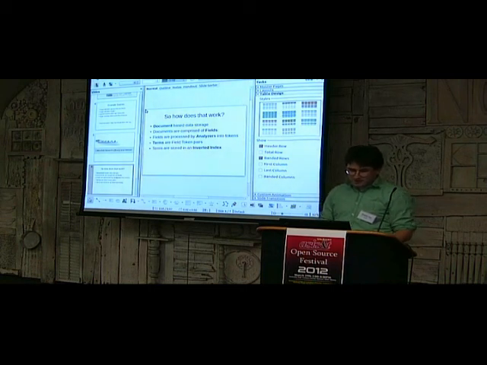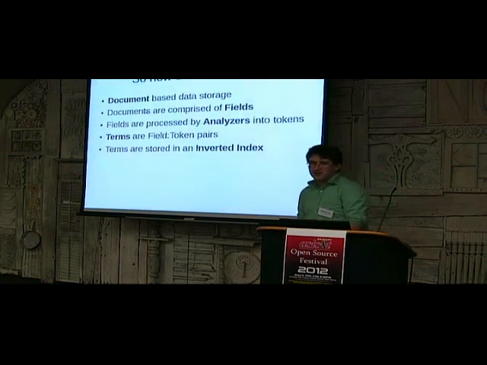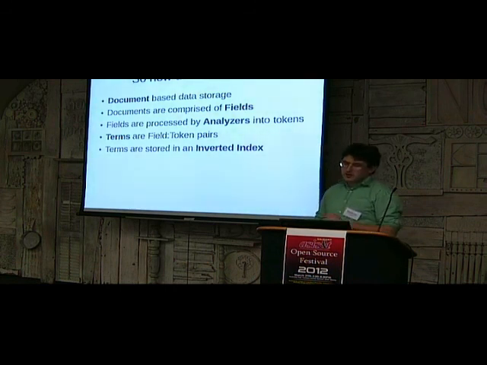So at a high level, that's how Lucene works. You supply documents. You supply fields that identify various facets of that document, things that you want to be able to search by. Then those values get analyzed into tokens, and those tokens get paired up and put into an inverted index that allows you to sort of triangulate the files that you're looking for.